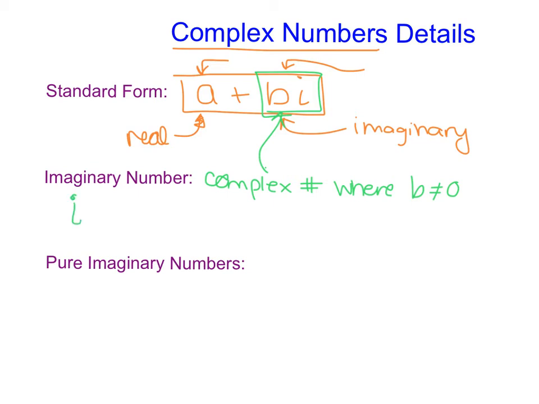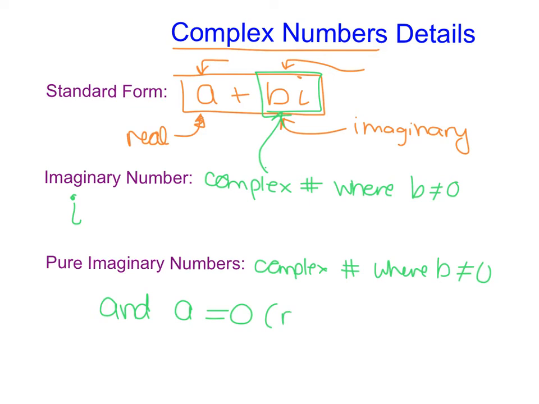Then from here, a pure imaginary number is a complex number where b is not 0 and a does equal 0. So it means that there is no real part. And we'll talk about what some of these might look like on the next slide.